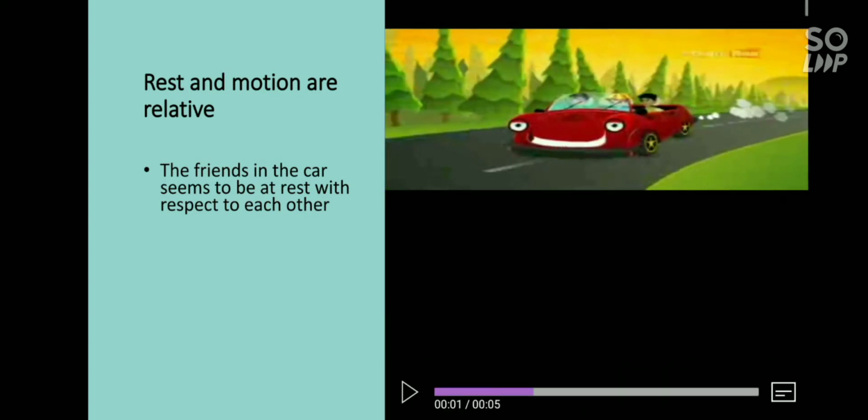These friends are sitting next to each other. According to one friend, another friend is in the same place. He is sitting next to him from the beginning of the ride till the end. So the friends in the car seem to be at rest with respect to each other. From their point of view, their friend is at rest.